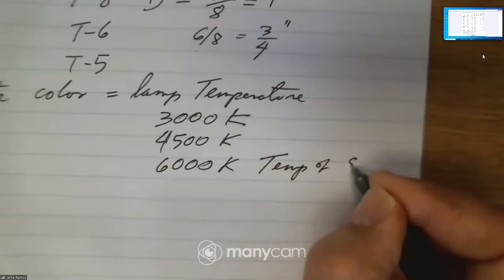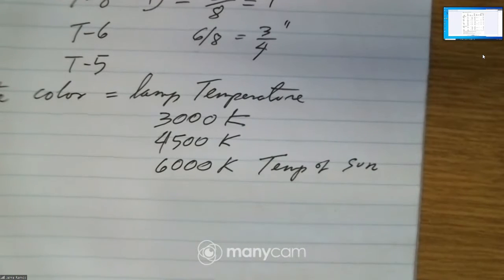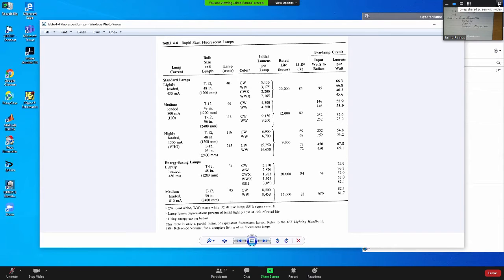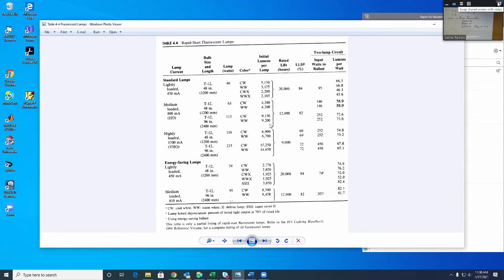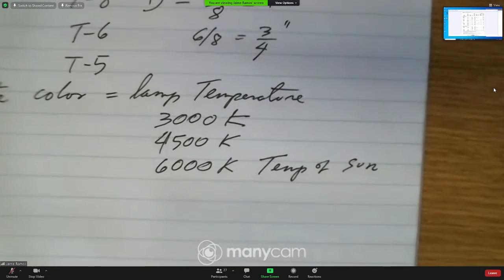So then very bright, or 3000, so it's pale or cold white. So that's the color, the lamp temperature. Then what else do we have?